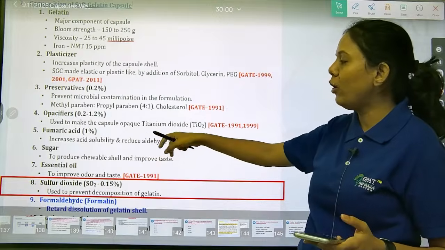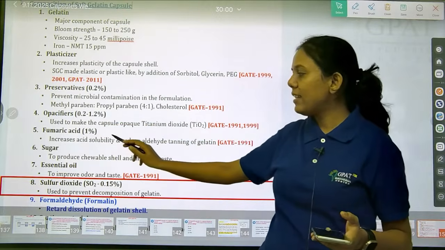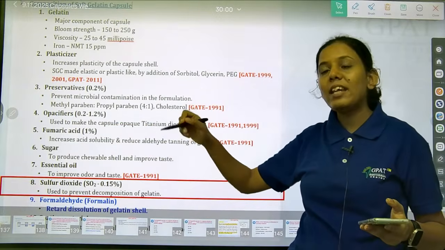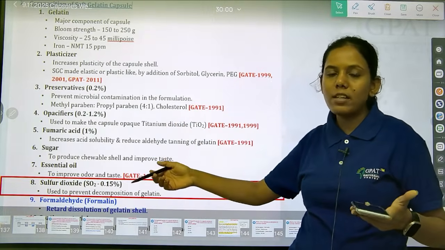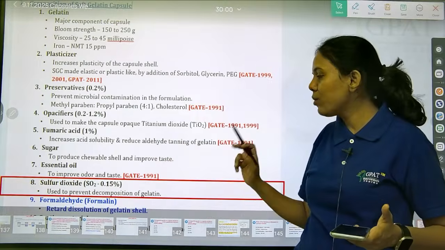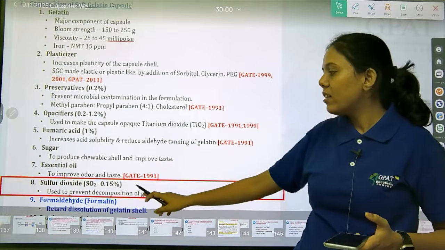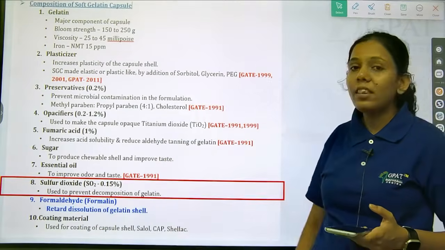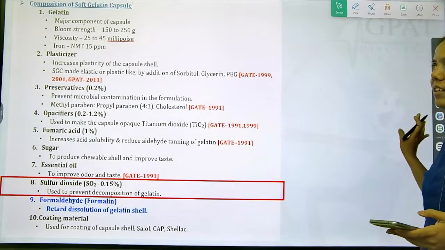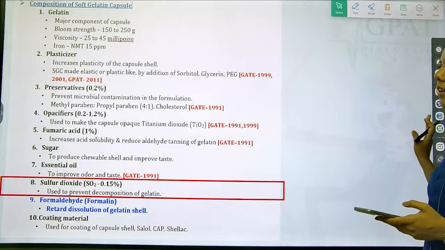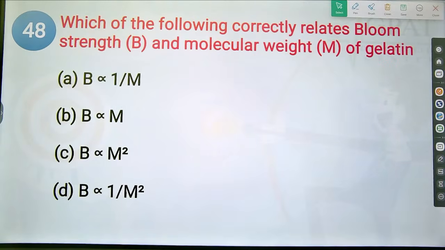So you can just make a note of it. Fumaric acid increases the acid solubility, right? For example, if the drug is going into the stomach, which is acidic, and reduces the aldehydic tannin, and formaldehyde retards the dissolution of the gelatin. So you please make a note of this. This is the same explanation for that. I think Abhishek was asking. I hope Abhishek you are there.